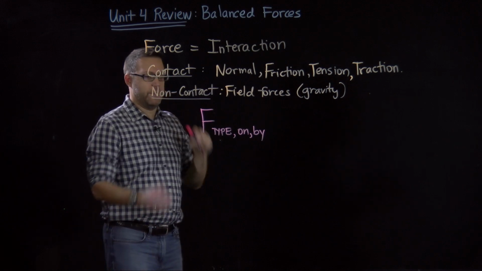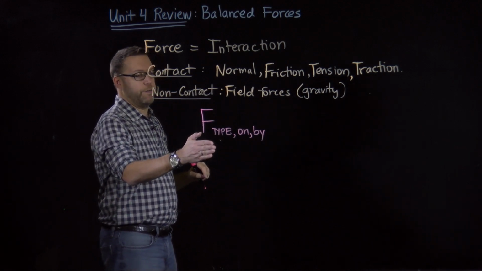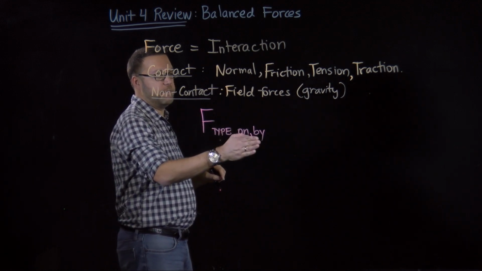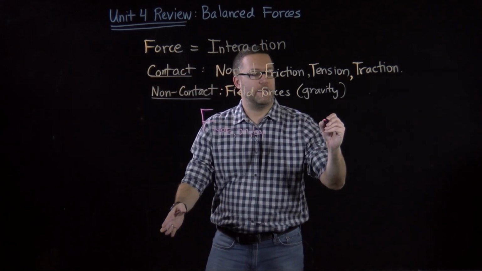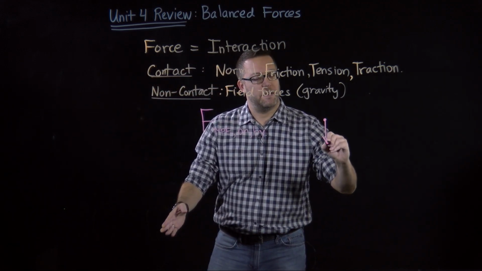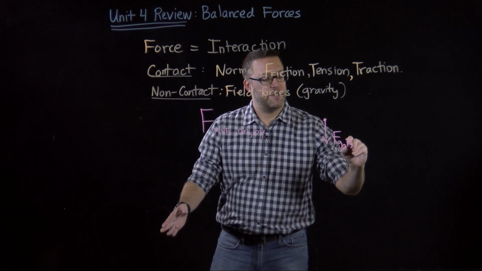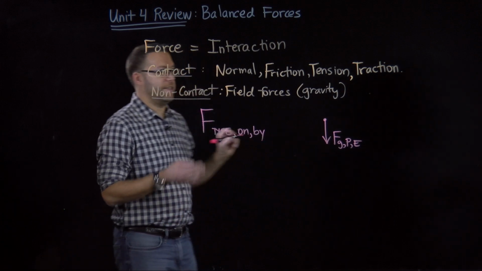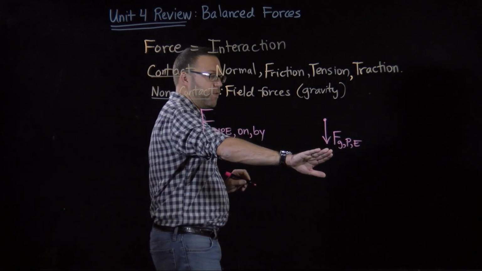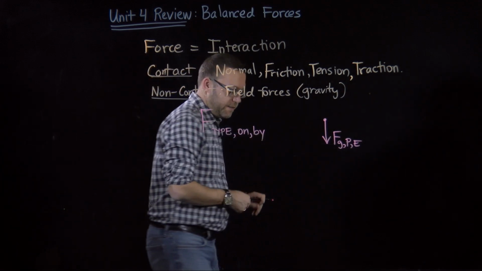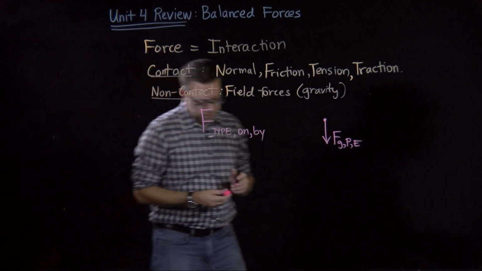So we said that this was, for example, the force of gravity on me by the Earth. And if I was going to draw a picture of that, here's a force diagram of the force of gravity acting on a person done by the Earth. So it's the type of force, it's the feeler, and it's the dealer. And that's kind of what we had talked about.